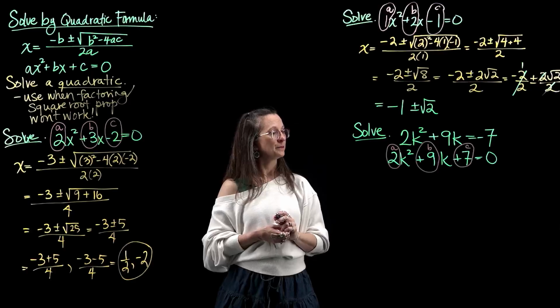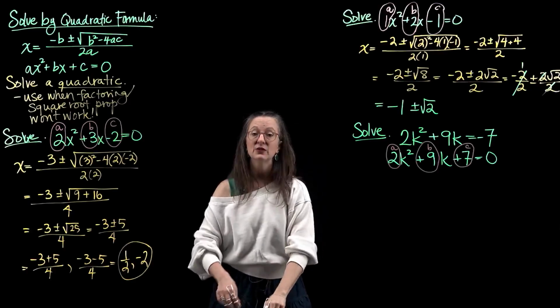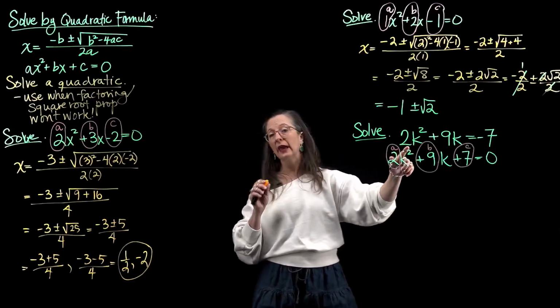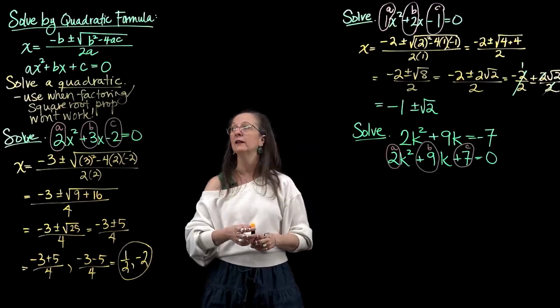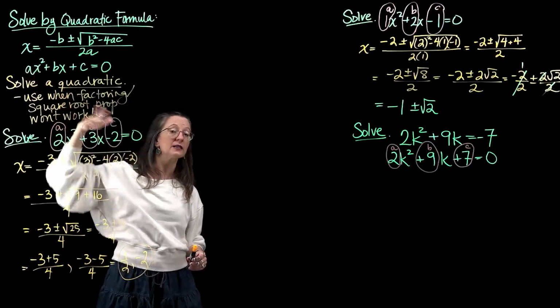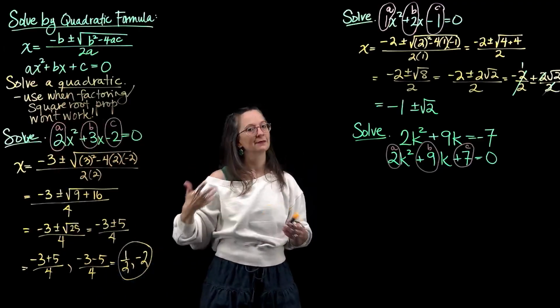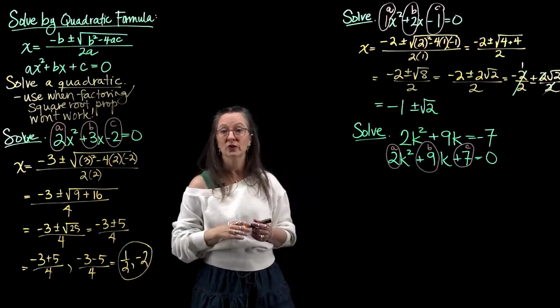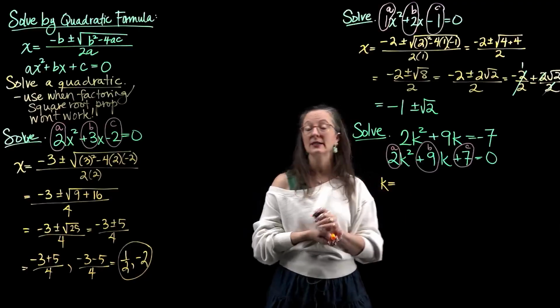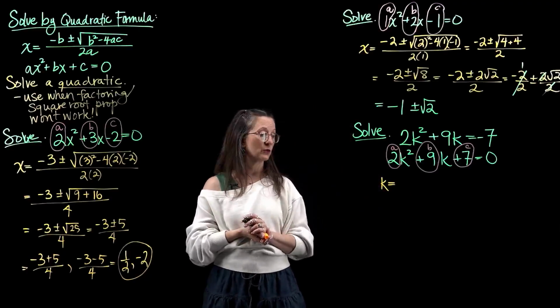Okay? And so into the quadratic formula it goes. Now I chose to use a k here because I just want to make the point that here in the quadratic formula it's x, and we usually deal with x, but the quadratic formula works no matter what variable you have. So in this situation, it wouldn't be x equals, it would be k equals.